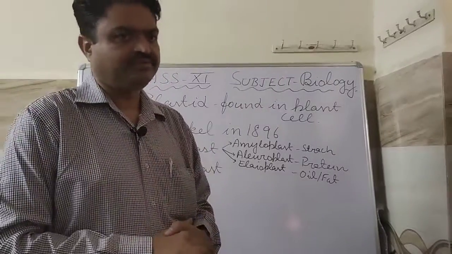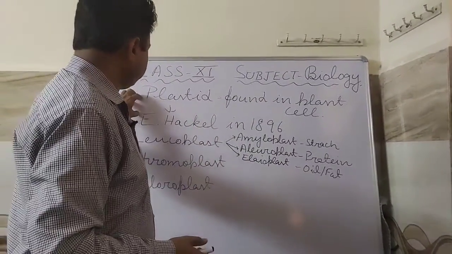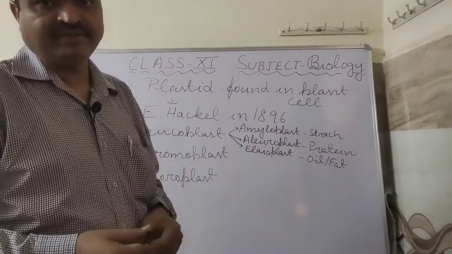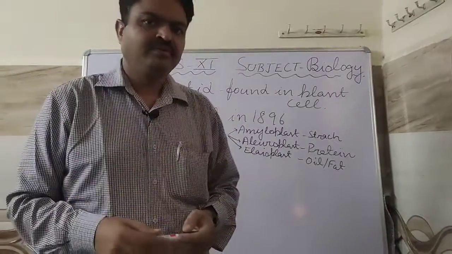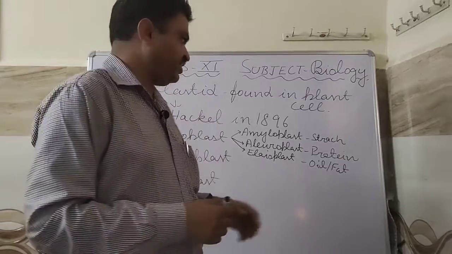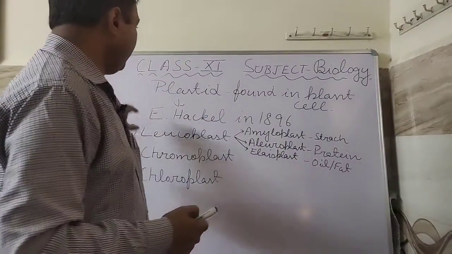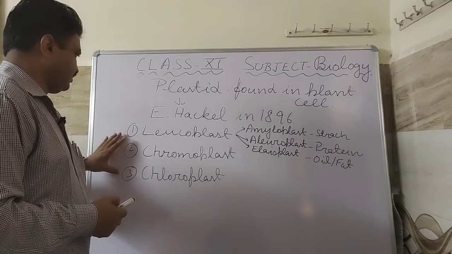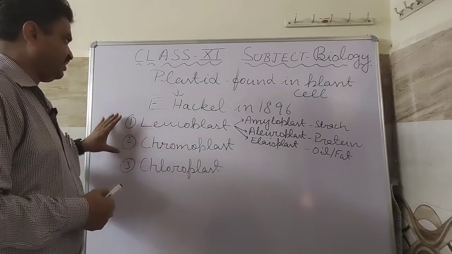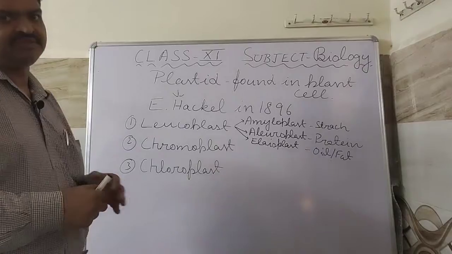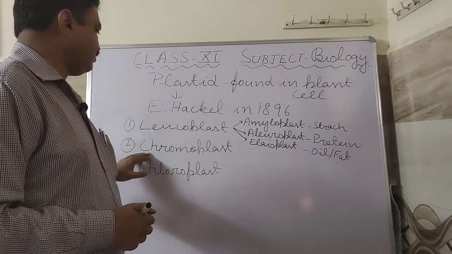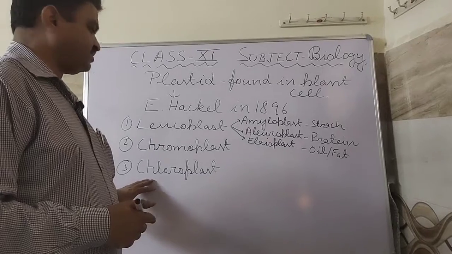The term plastid was introduced by E. Haeckel in 1896. Plastids can be categorized into different types, and there are three types found in the plant cell, student. First is leucoplast, second is chromoplast, third is chloroplast.